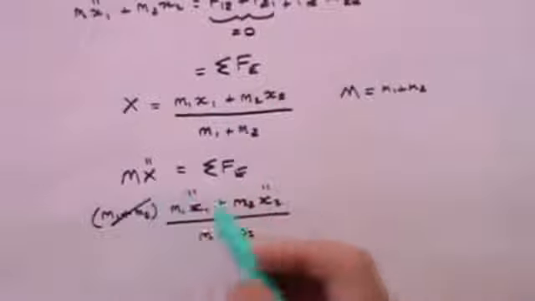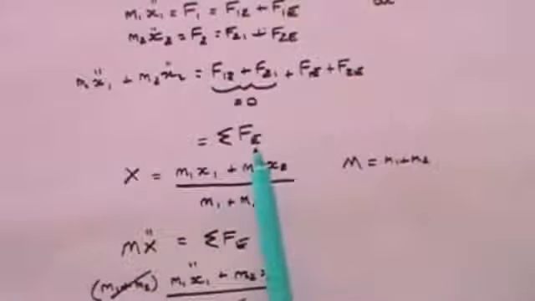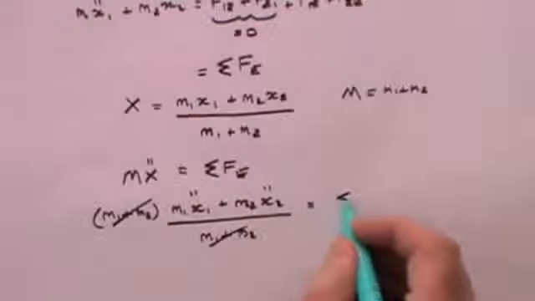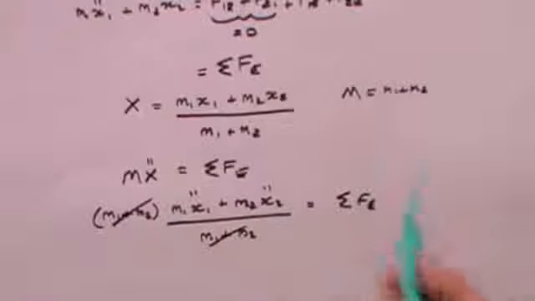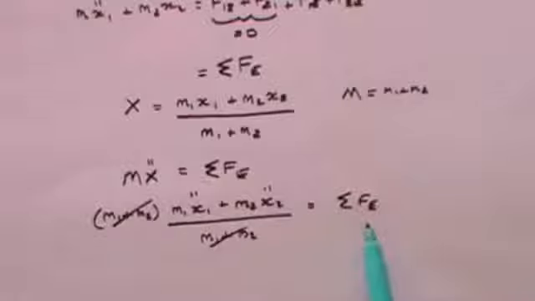You can see that the m1 plus m2 terms cancel, and now we're left with m1 x1 double dot plus m2 x2 double dot, but that's what we had up here. And that, we said, is equal to the sum of the external forces. So M capital X double dot is equal to the sum of the external forces.